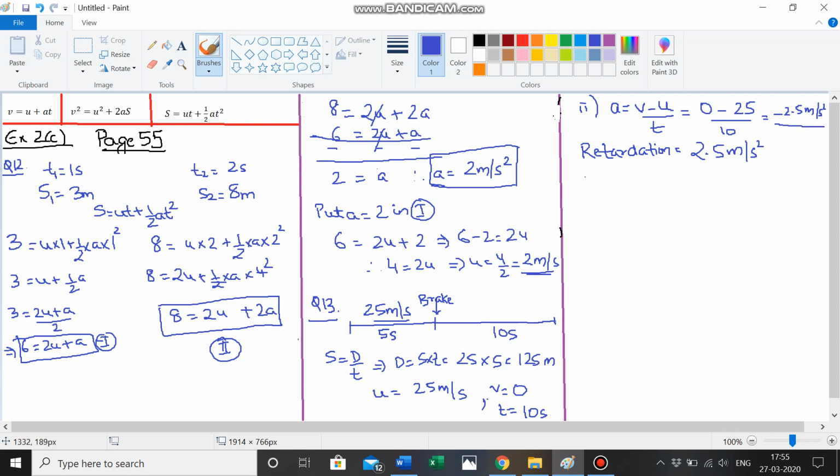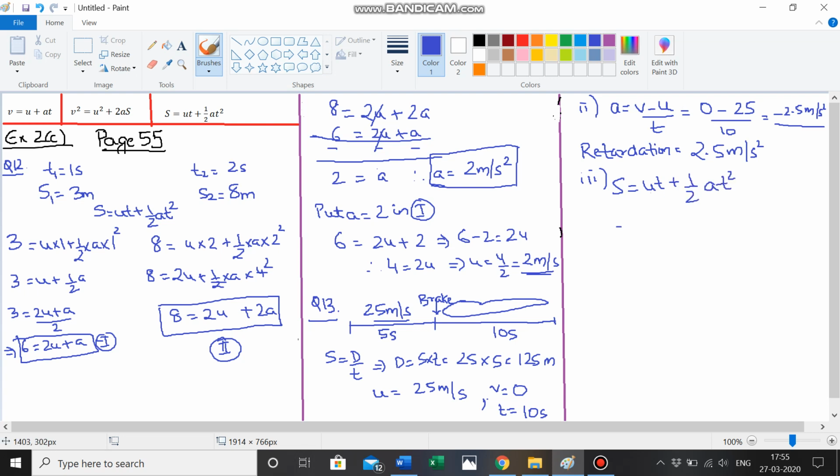And then the last part, the distance traveled by the car after applying the brakes, which means after applying the brake, what is this distance? So I have two formulas, v square is equal to u square plus 2as, or s is equal to ut plus half at square. I can apply s is equal to ut plus half at square.